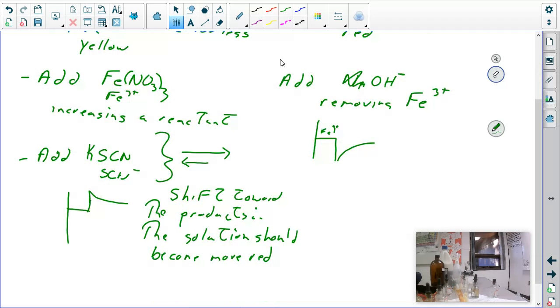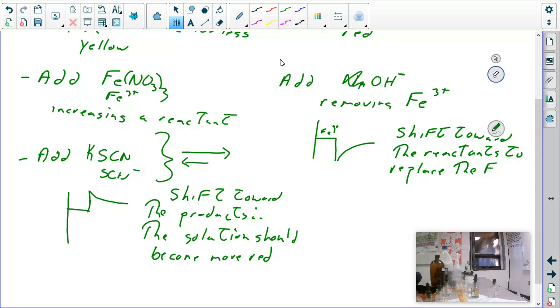So we have a shift towards the reactants, to replace the Fe3+. Now what this means is it should become more yellow, less red.